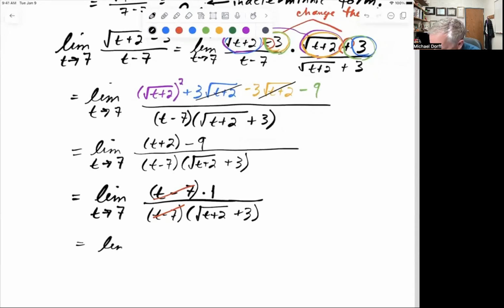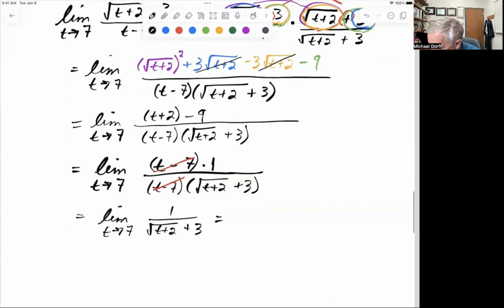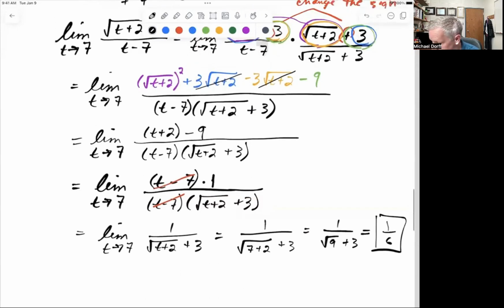And so now I have the limit as t goes to 7 of 1 over the square root of t plus 2 plus 3. And when I do the direct substitution now, I get 1 over the square root of 7 plus 2 plus 3, which is going to be 1 over the square root of 9 plus 3, which is going to be 1 over 3 plus 3, which is 1/6. Get the answer. All right.